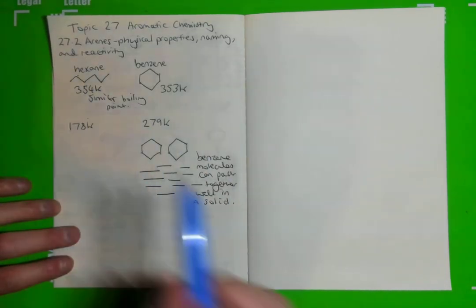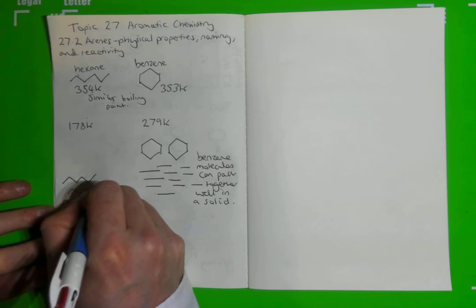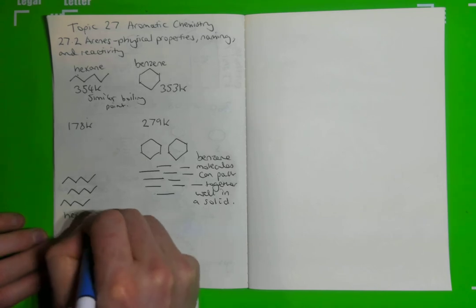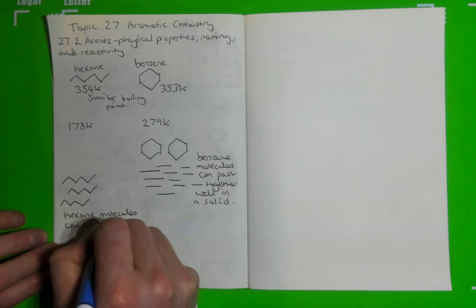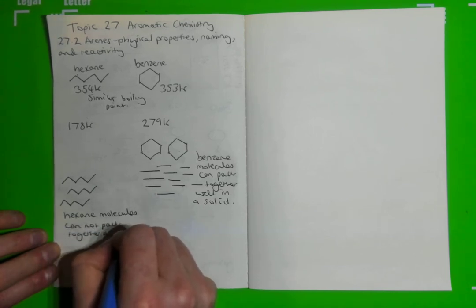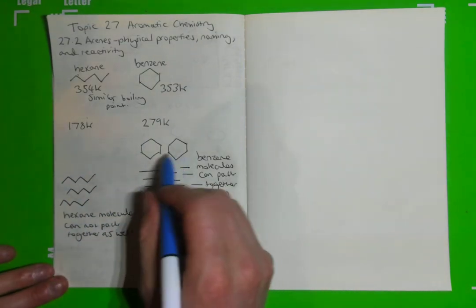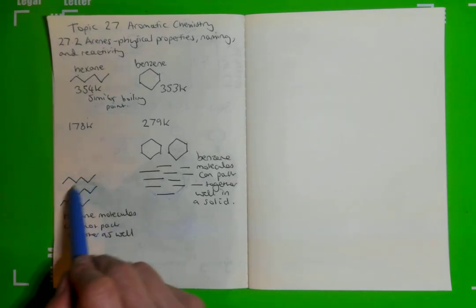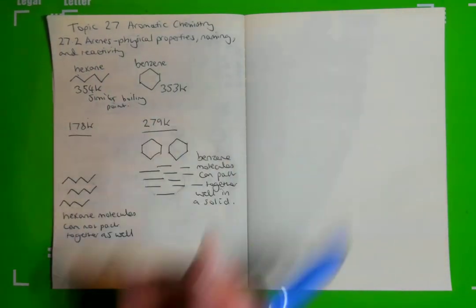However, if we look at hexane, the molecules can't pack together as well. Therefore, there's greater van der Waals between the molecules in benzene compared to between the molecules in hexane. Therefore, benzene has a higher melting point value than hexane.